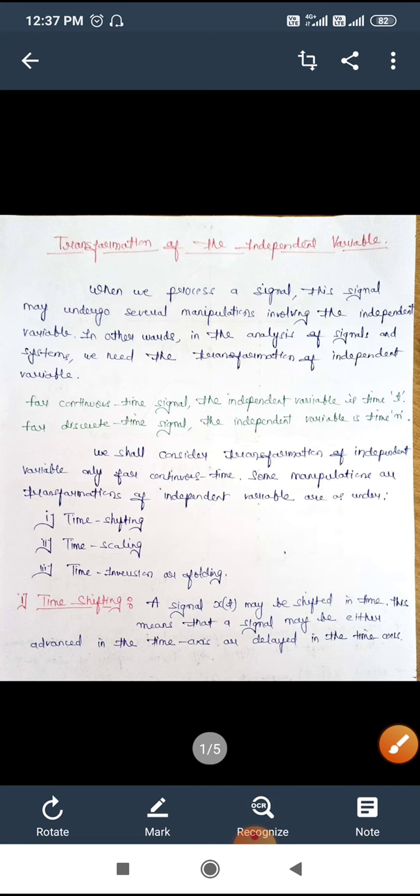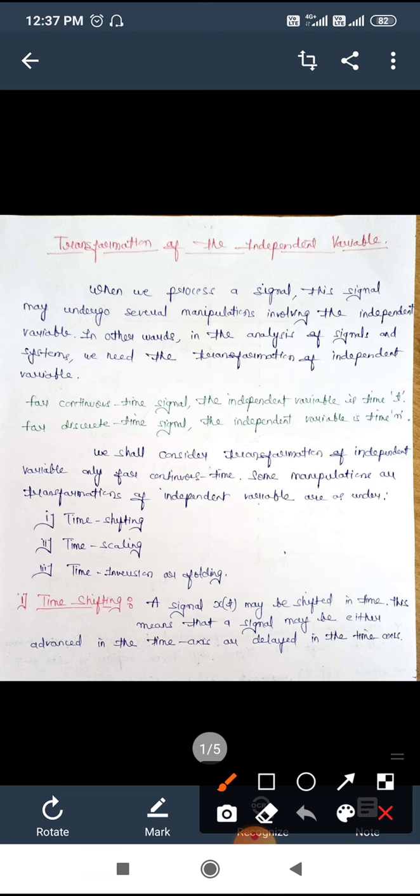First, time shifting. What is time shifting? As we know, to shift our signal in either direction of the waveform, either to the left side or to the right side, we use time shifting. If we want to shift our signal toward the right side, then it must be delayed.